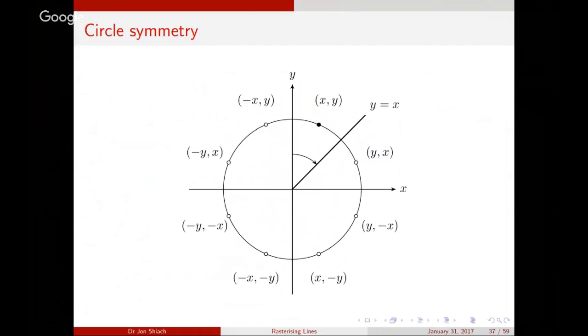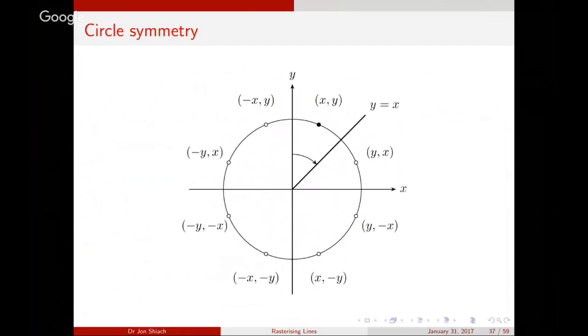If we reverse x and y to give y, x, we know that must be a point on the circle. If we then negate, or change the sign of x, we'll have that point. If we flip these two back again, we have this point, and if we negate the x, we have this point, and so on and so forth.